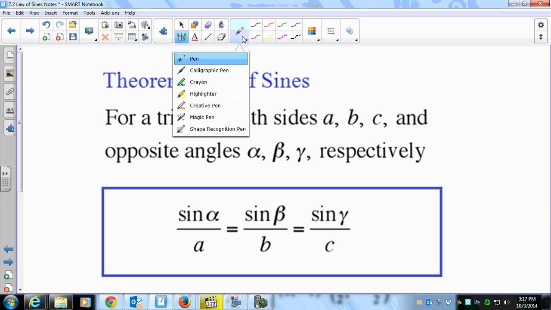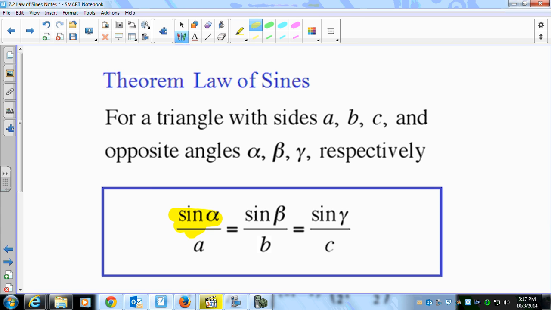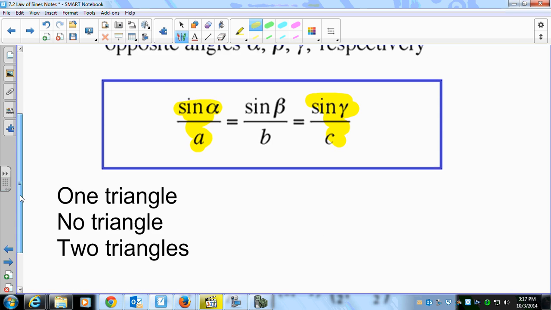So we're either dealing with sine of alpha over A equal to sine of beta over B, or sine of beta over B equal to sine of lambda over C, or the other scenario where sine of alpha over A is equal to sine of lambda over C. We'll never use all three.